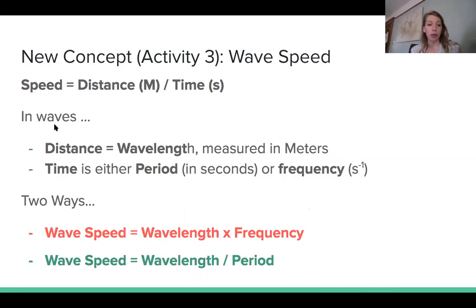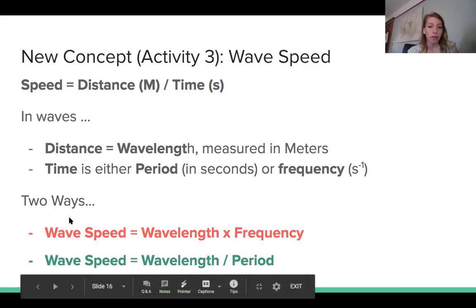In waves, we can use our measure of distance, which is wavelength, measured in meters, and we can use time from either the period, which is an actual time measured in seconds, or the inverse, the flip of a period, which is the frequency of a wave. Although last week we learned frequency is measured in hertz, another way you can look at frequency is in 1/seconds, or sometimes in math, seconds to the -1 means the same thing.